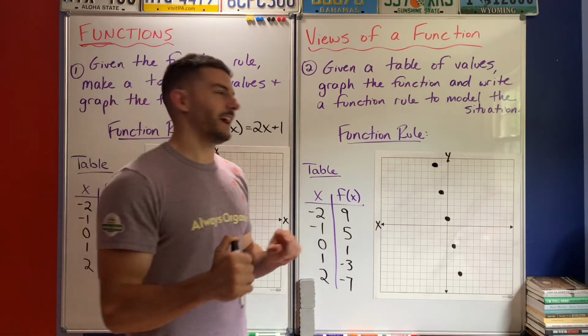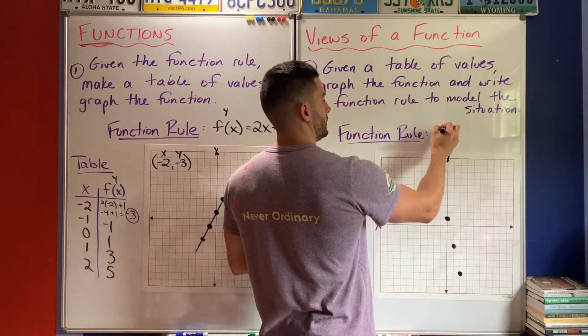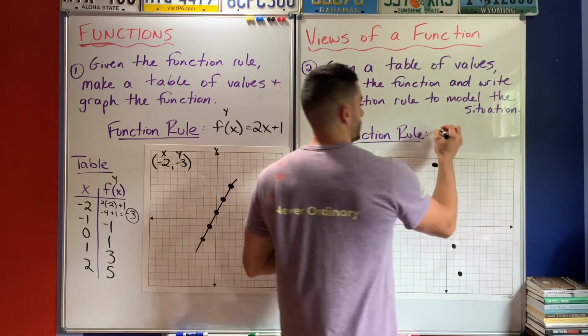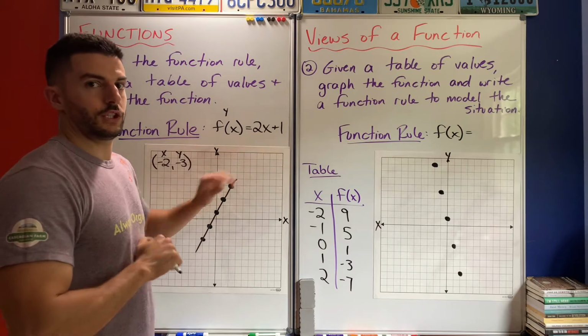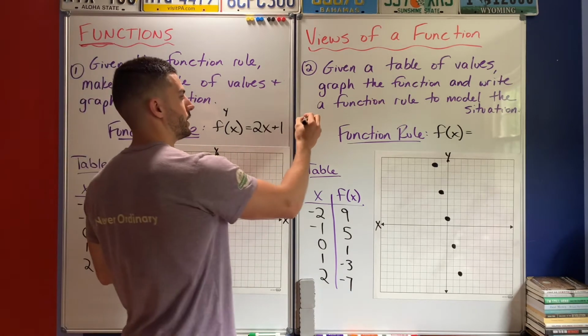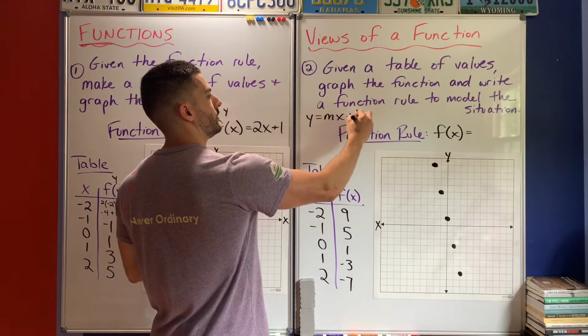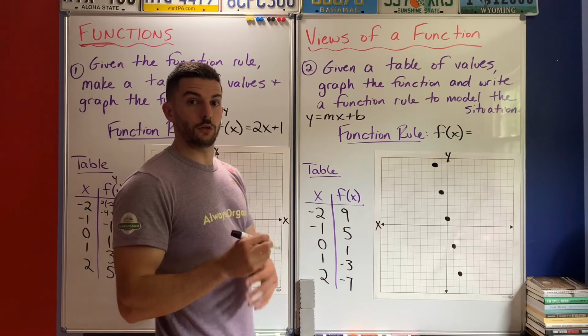But then how do I write that function rule? The function rule, like the first one, is going to be f of x equals something. And this is the really tricky part. To be able to do this, you have to be somewhat familiar with the equation y equals mx plus b. It's called the slope-intercept equation.